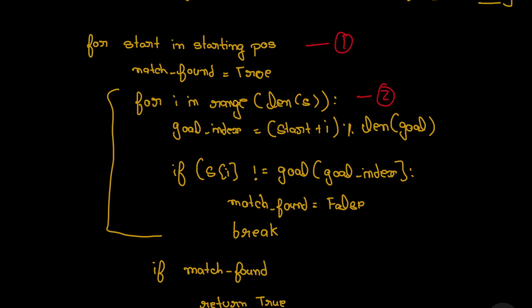But we have to see that in inner loop, we are only iterating from the positions where there is a possibility of finding a match. So again, theoretically, this complexity can be more, but practically if you see this, the complexity will be O of n, adding 1 and 2.